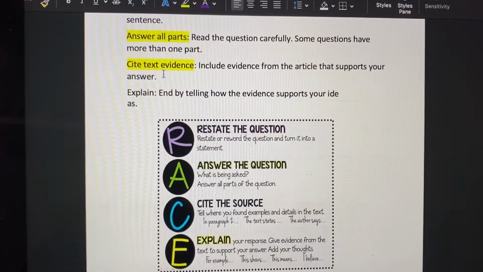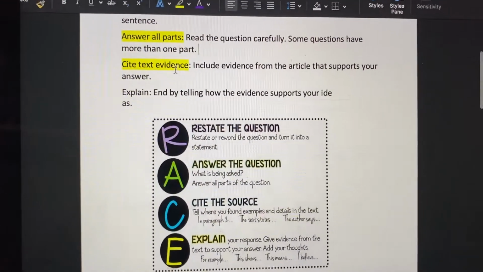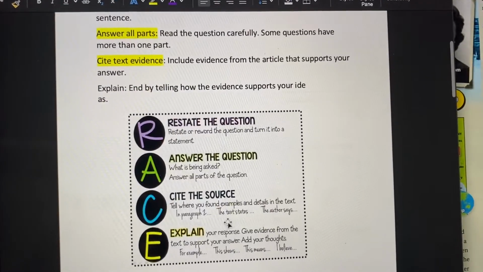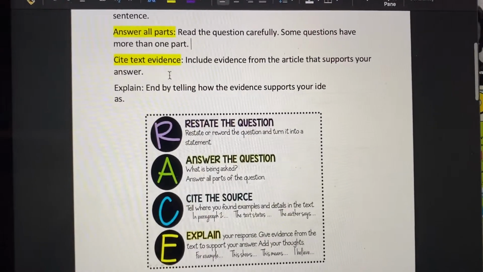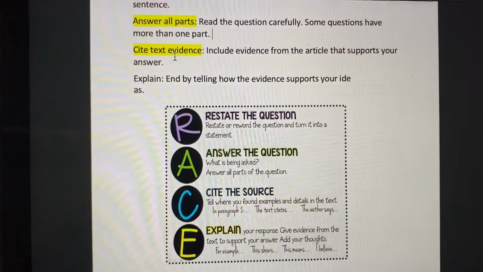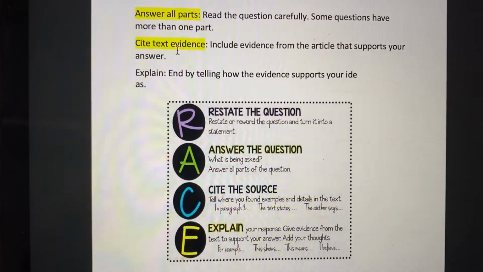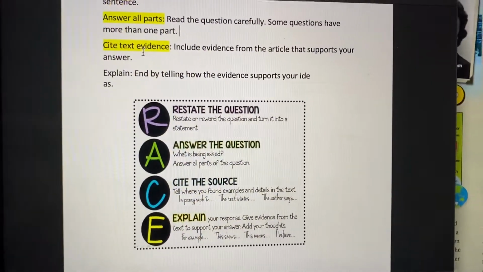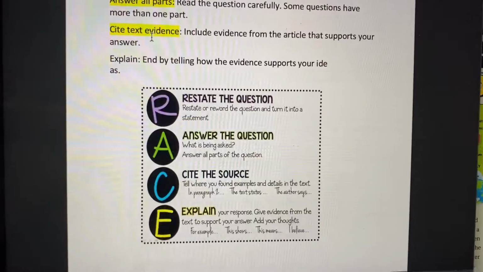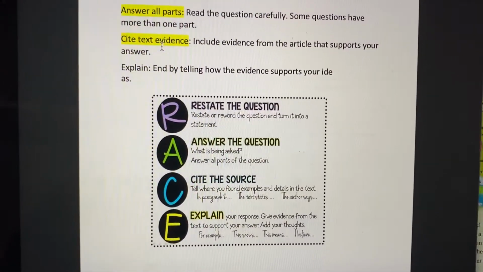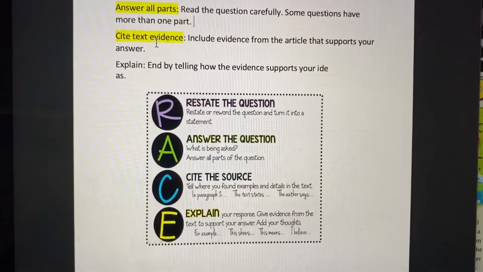And then for the cited text evidence, you would say, the text states that in the afternoon, Miss C's stomach was grumbling. And there it proved to me that you read in the article that I was hungry.